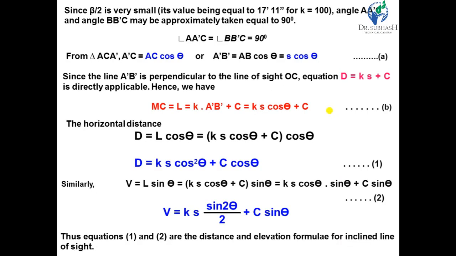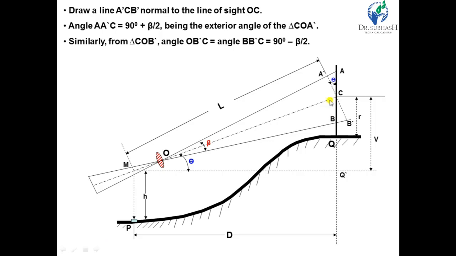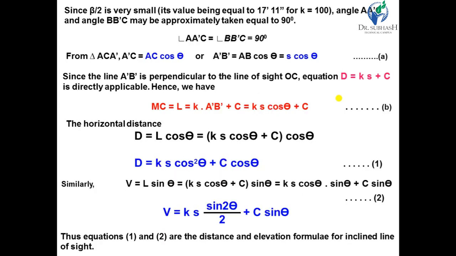Since the line AB is perpendicular to the line of sight OC, the equation D is equal to KS plus C applies. That case we are considering for the A dash B dash line, where the staff is held perpendicular to the line of sight. So we are using the formula for distance and elevation when the line of sight is horizontal and the staff is held perpendicular to the line of sight.